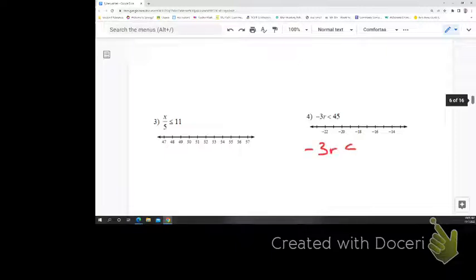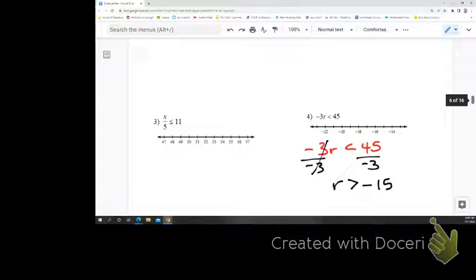So if I have this and I divide by negative 3 to get the r by itself, I get negative 15, and the symbol changes direction because we did divide by a negative. And then I have an open circle at negative 15.